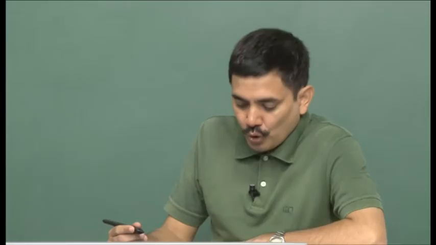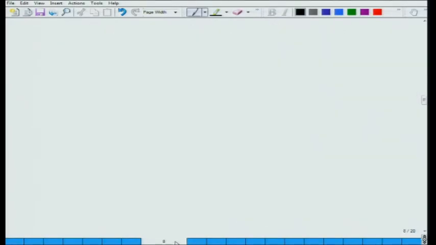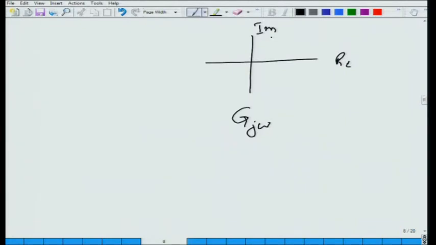Yeah. So, what we are saying is that if you have the G plane, that means you are plotting G j omega, the real part and its imaginary part. This is actually called the polar plot of G j omega, and I will just show that to you.